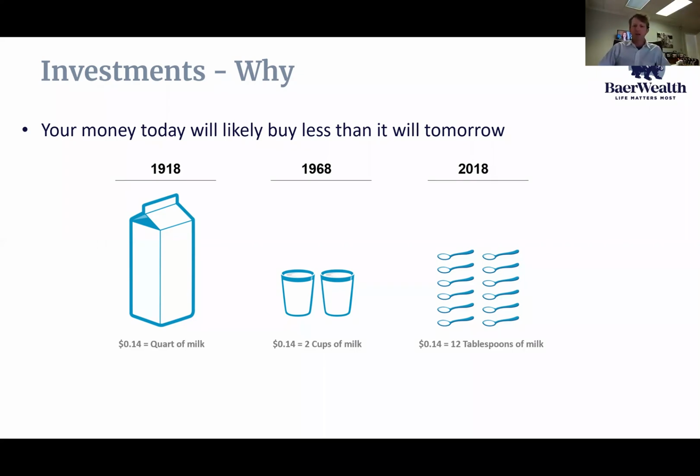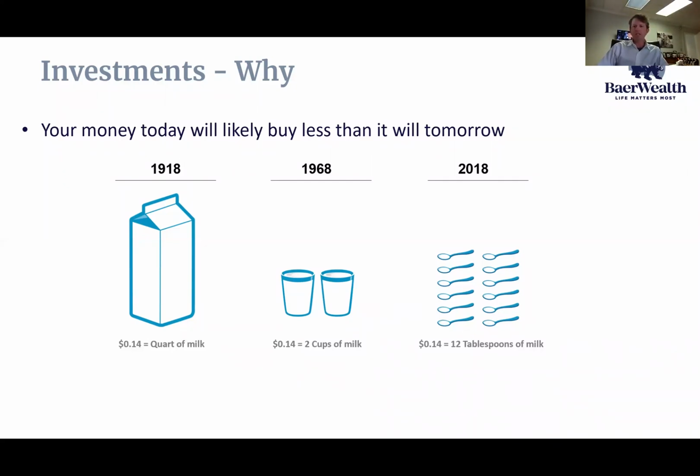The simple explanation, as illustrated in the slide, is that in 1918, the year of the Spanish flu, a quart of milk cost you 14 cents. So for 14 cents, you could buy a quart of milk. In 1968, you could buy 2 cups of milk for 14 cents. And now you're getting roughly 12 tablespoons of milk for 14 cents.